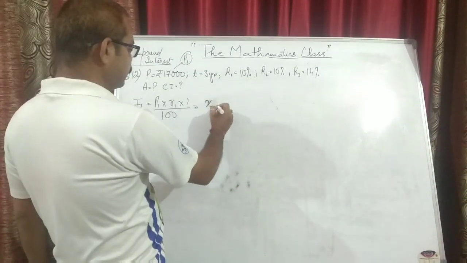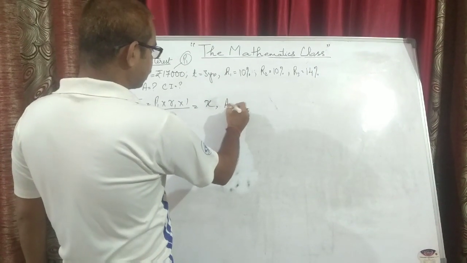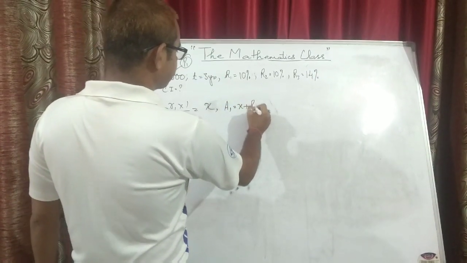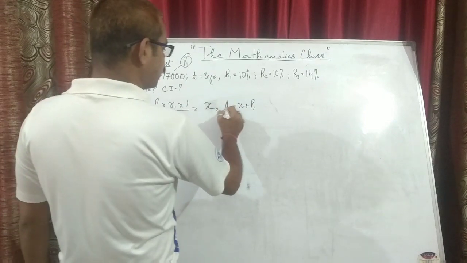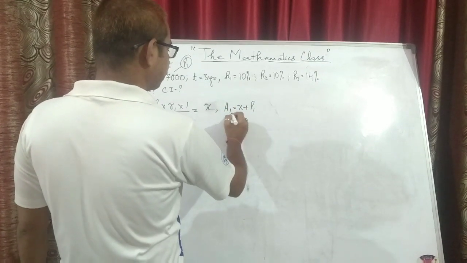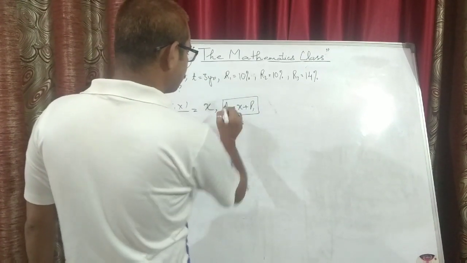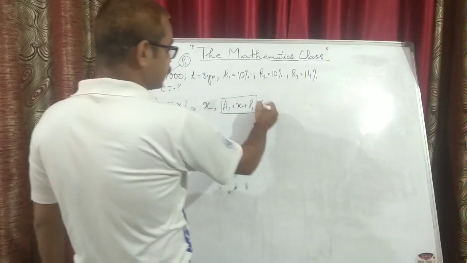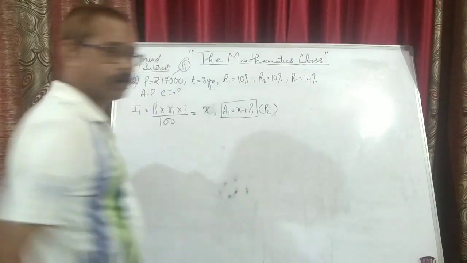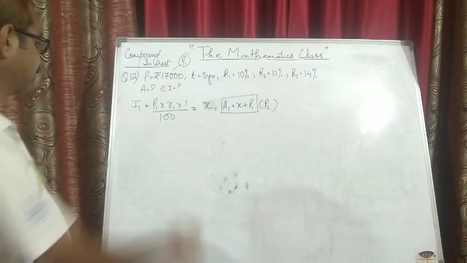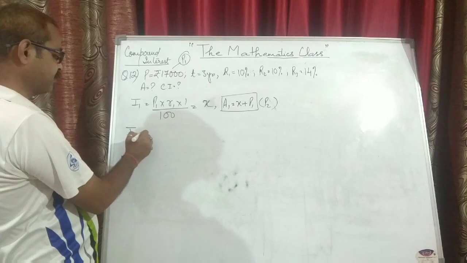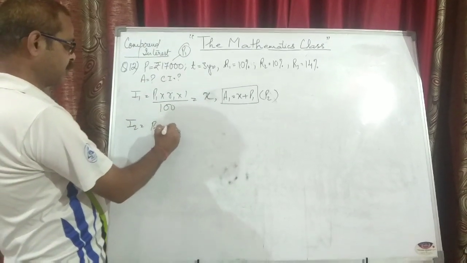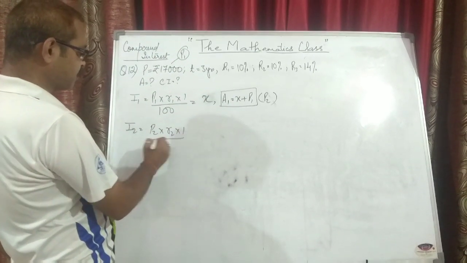Now this will be added. Amount will become X plus P1. This will be the amount at the end of the first year, or this can be considered as principal for the second year. Now interest for the second year will be your P2 into R2 into 1 upon 100.